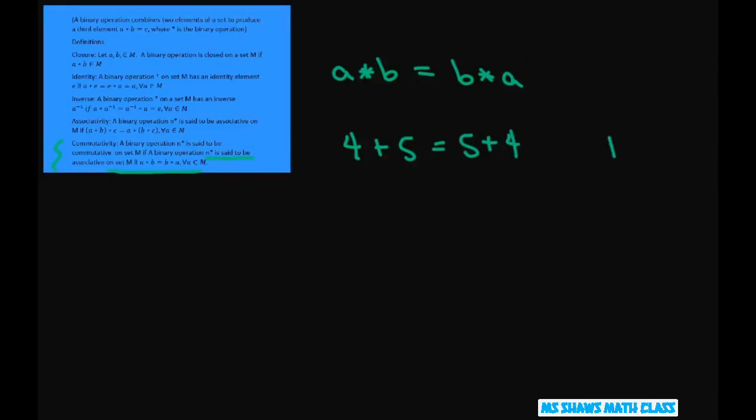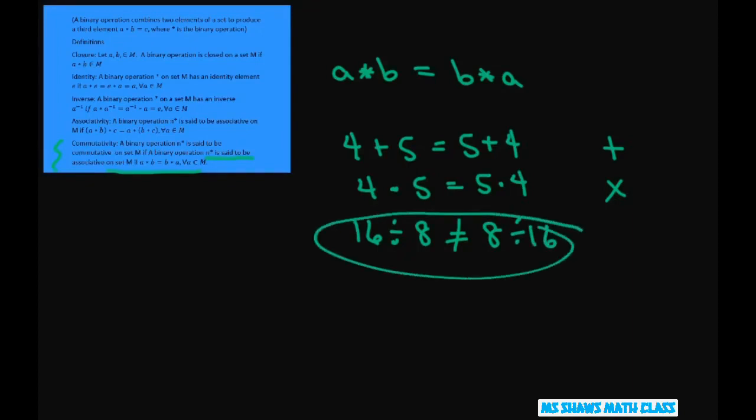So addition is commutative, so is multiplication. 4 times 5 equals 5 times 4. So that would be under multiplication. Division is not, because 16 divided by 8 does not equal 8 divided by 16. So division is not commutative.